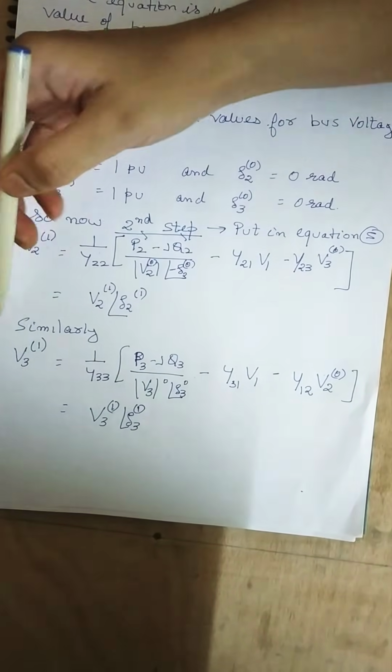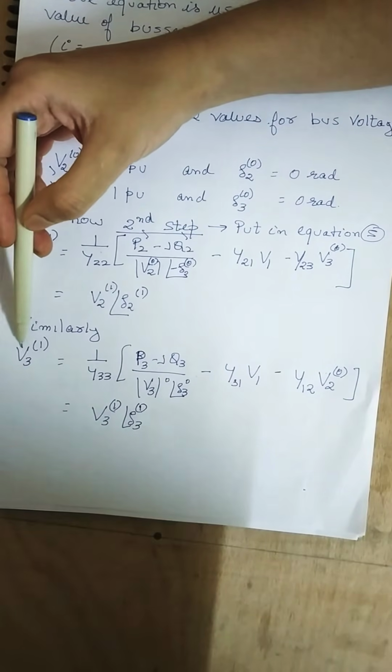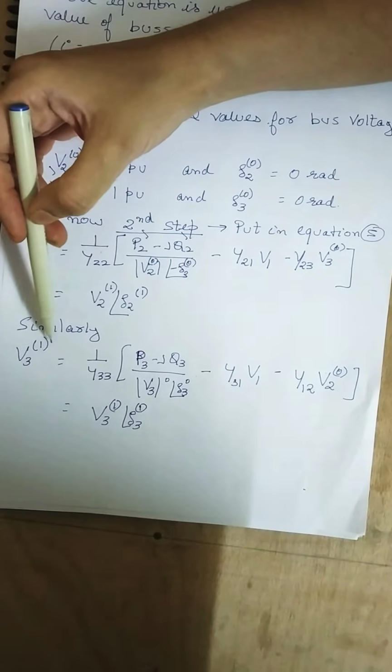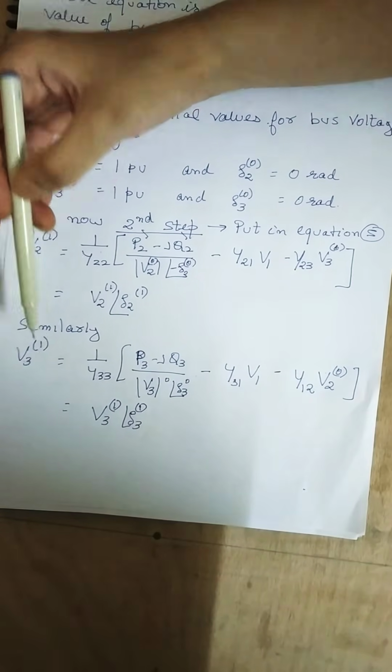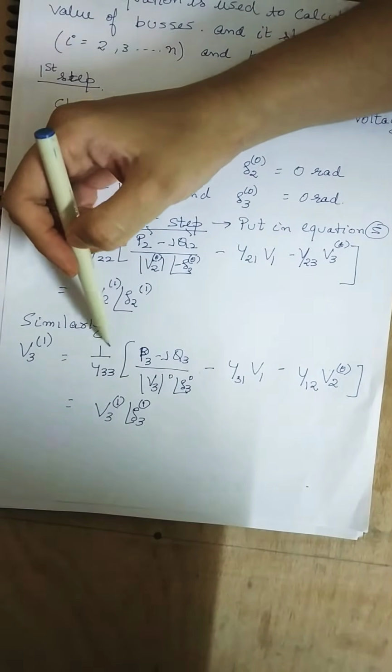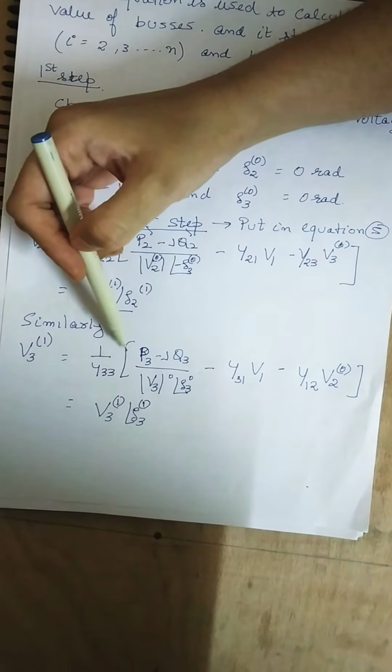Now consider V3 1, that is the voltage of bus 3 in the first iteration. When we do this first iteration, we will use the first iteration value of V2. Let's see how. Wherever there is i, put 3.